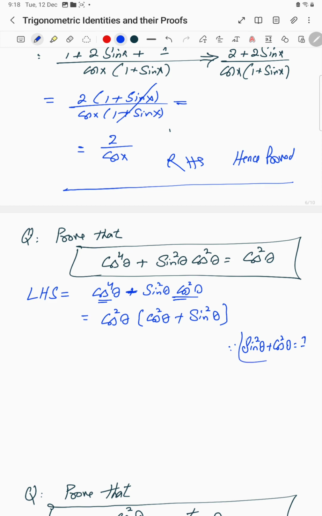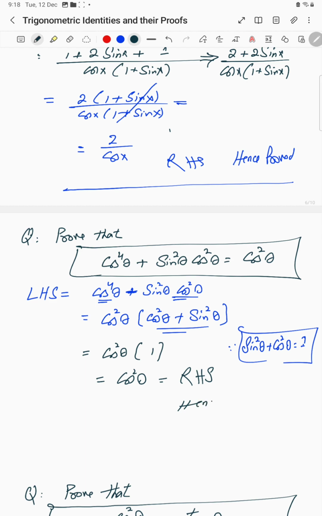Yes, 1. So this whole becomes 1, and you will see cos square theta times 1, and that is cos square theta, and this is our required right hand side, hence proved.